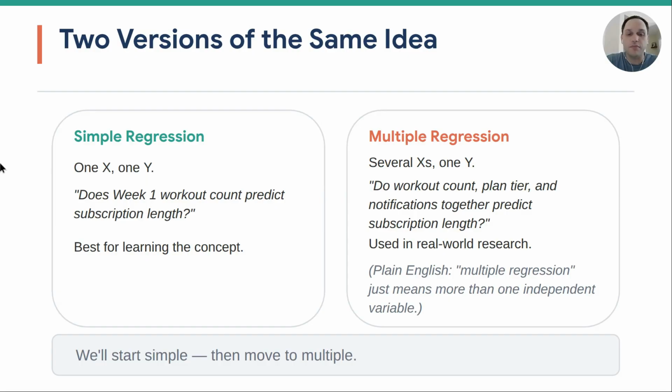For our example of Pulse app, a fitness app, do workout counts, plan tier, and notification settings together predict subscription length? Real-world research almost always uses multiple regression, because outcomes are usually influenced by more than one thing. But simple regression is where the concept clicks, so that's where we'll start.